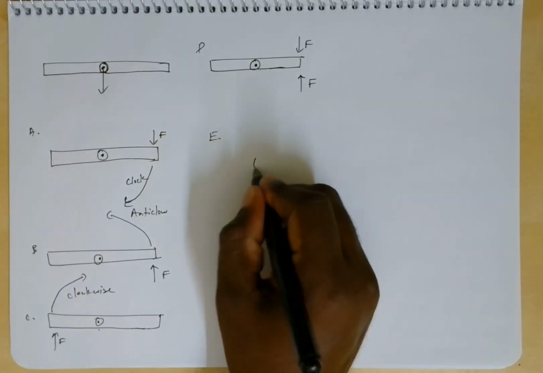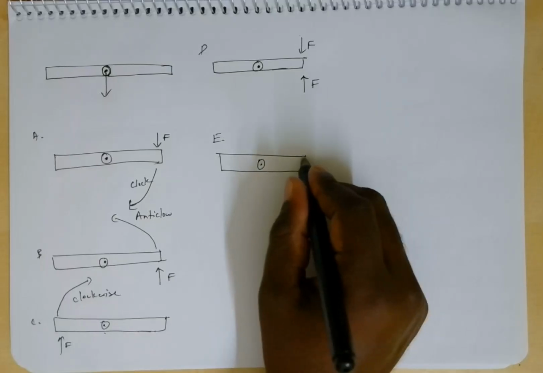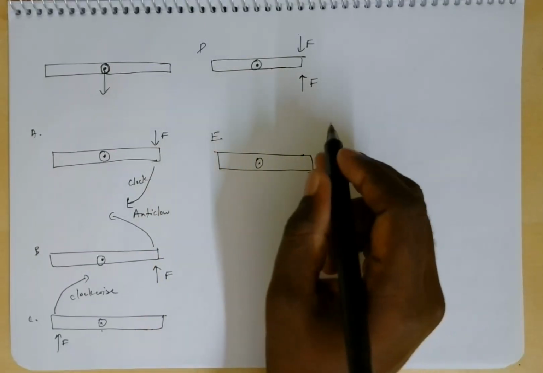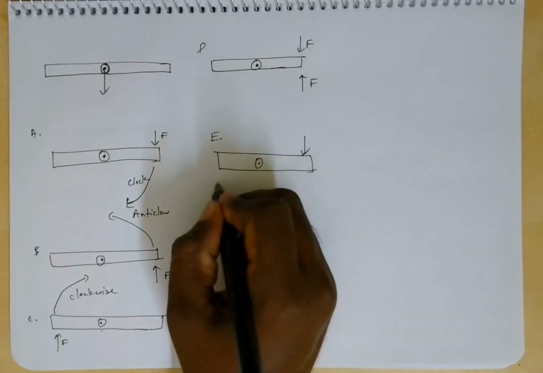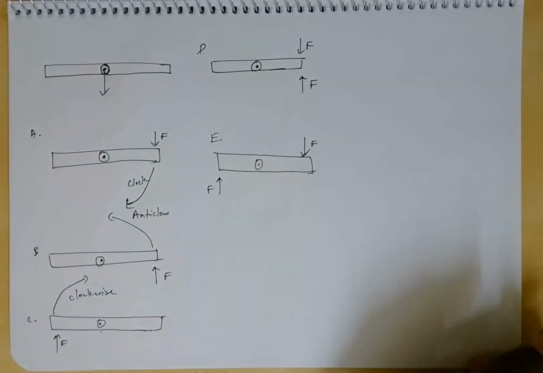Now this case is the most interesting of all the cases. Sorry, it was supposed to be exactly at the center. I'm applying a force here, and I'm applying a force here. What will happen?